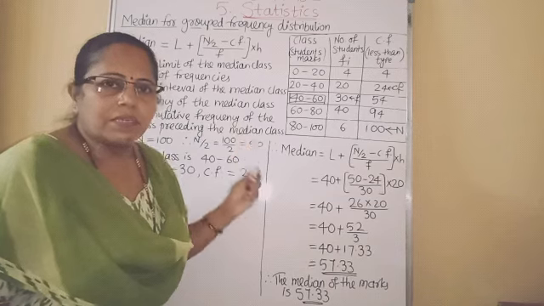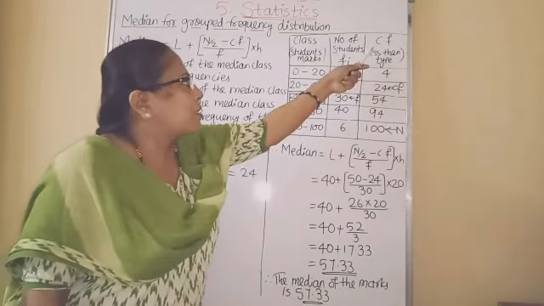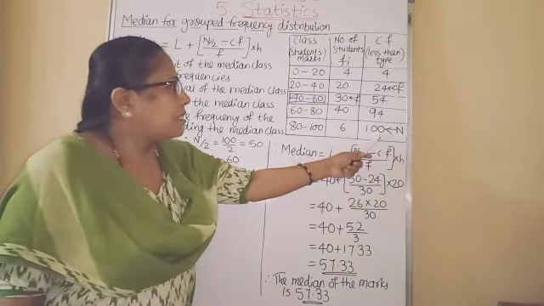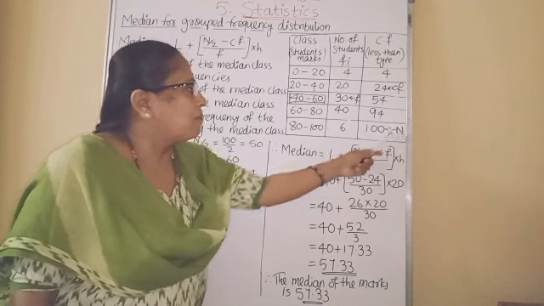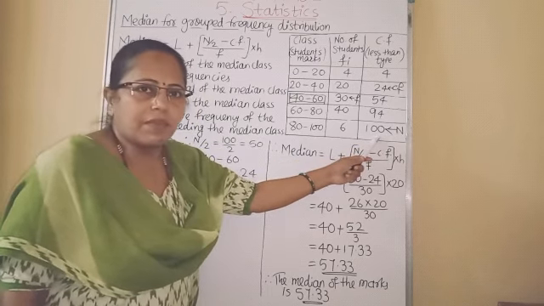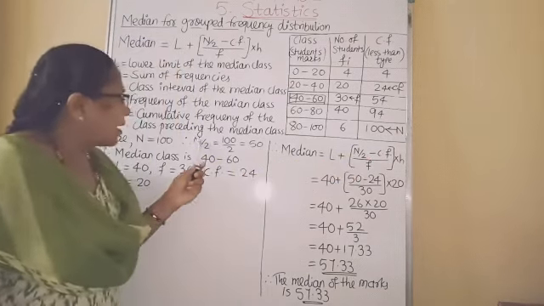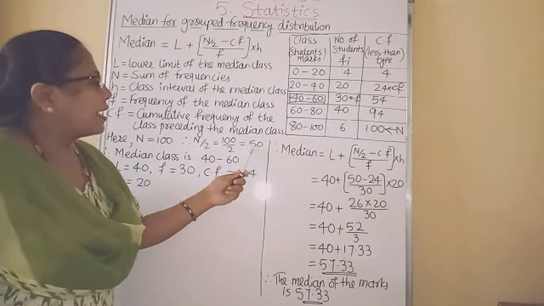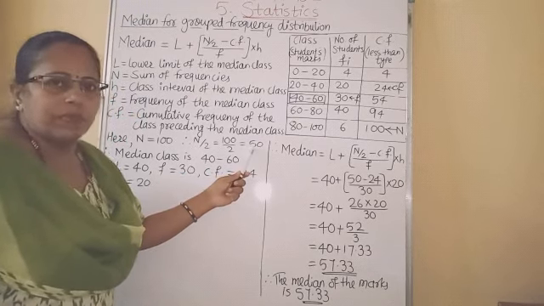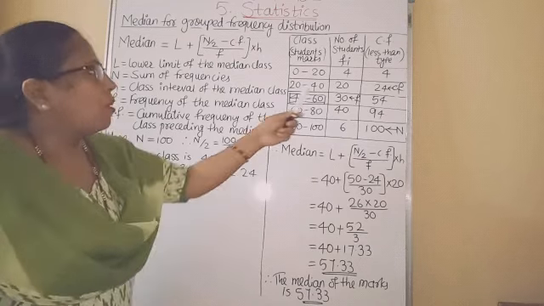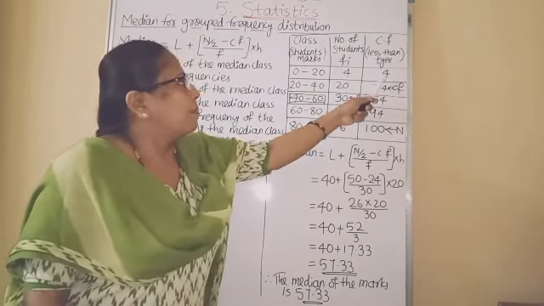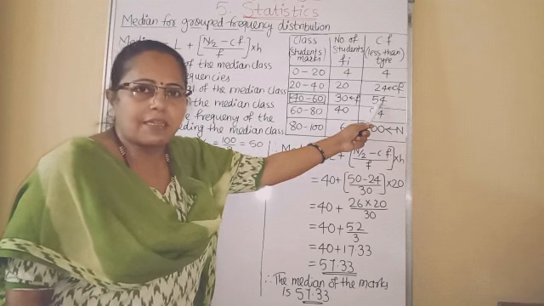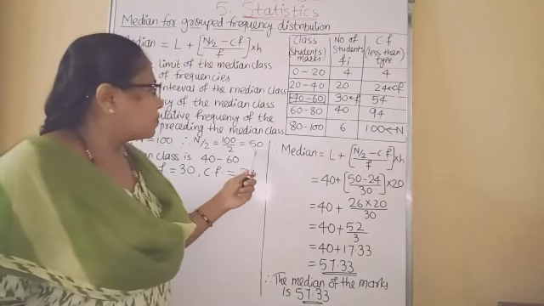Followed how to calculate median. The very first step is to prepare the cumulative frequency table. Then the last value represents the value of N, the total number of frequencies. Then you have to find N upon 2; here we got 50. Then observe the cumulative frequency column and take the value which is just greater than N upon 2.